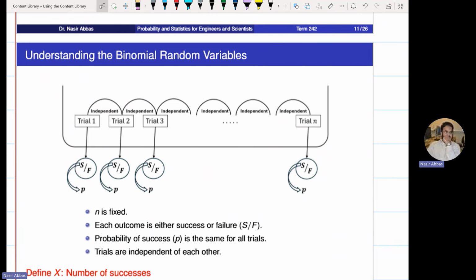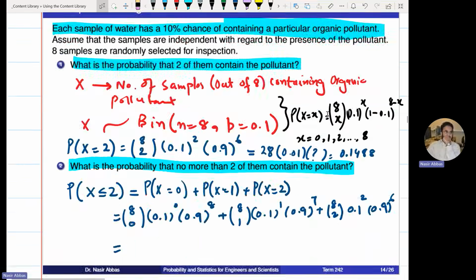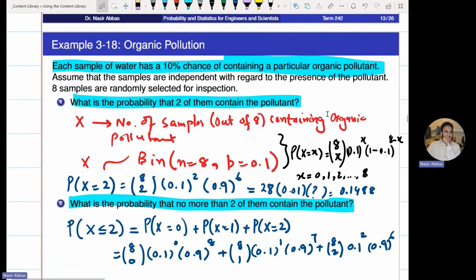You will be selecting. If the selection is from an infinite population, the number of successes will be binomial. For example, in this question, you selected 8 samples of water from how many?